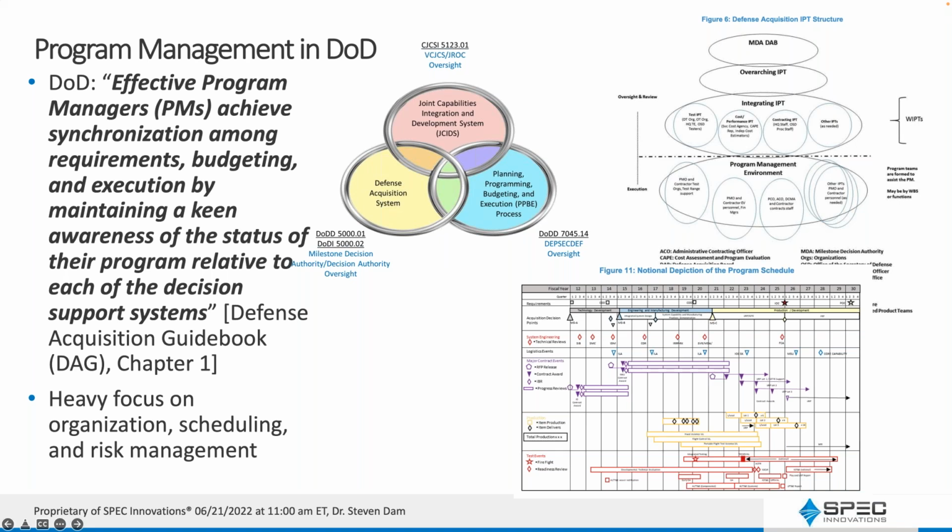And that's that first graphic on the left that has the little ovals, the different systems that they have for that. So being a program manager in DoD, one of the key thoughts is balancing these different systems that they have in the process.